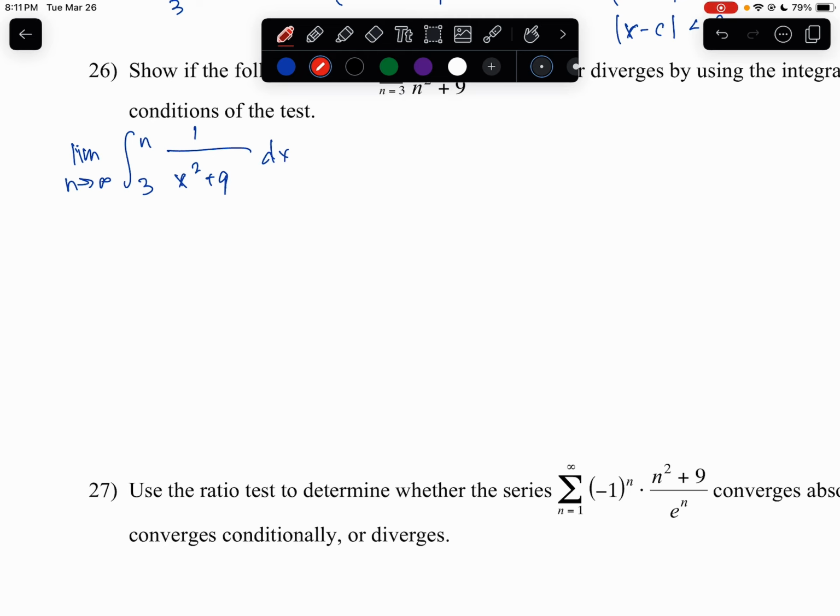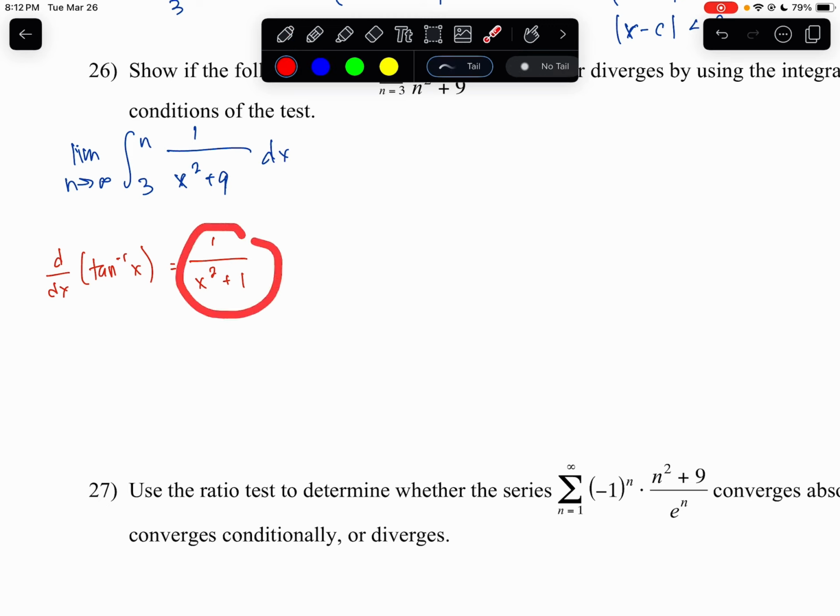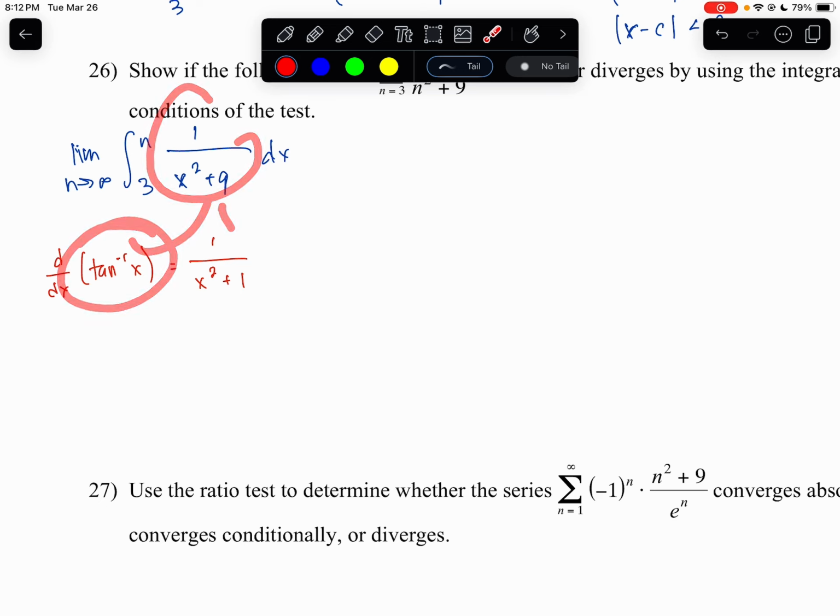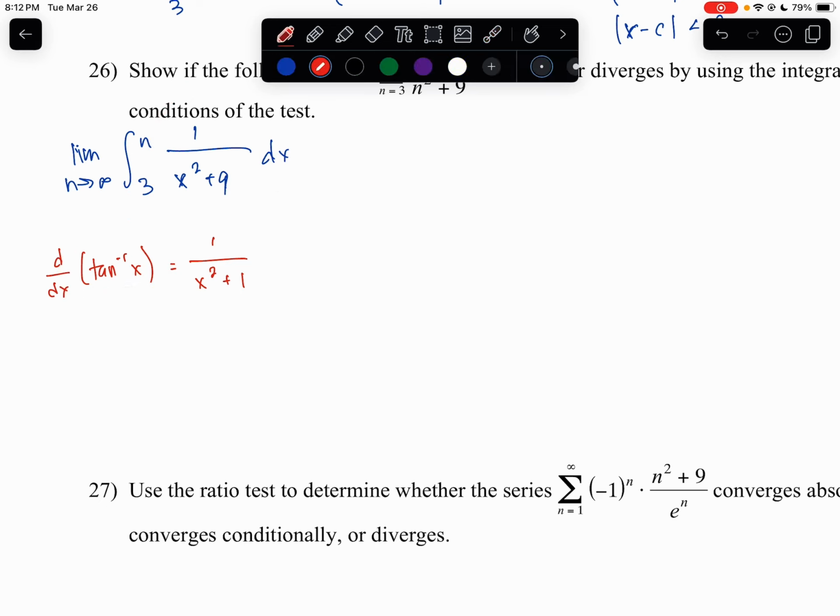The derivative of tangent inverse of x is equal to 1 over x squared plus 1. So my aim is to show that this fits this right here, and I can use the antiderivative to get tangent inverse, or arctangent. So how am I going to do that?